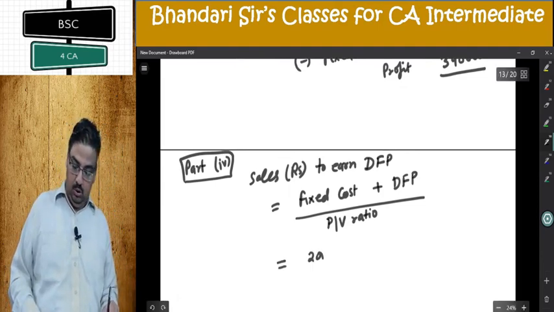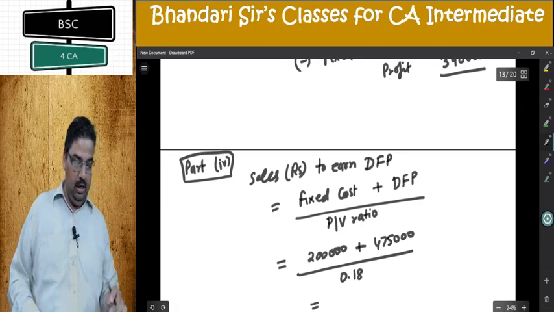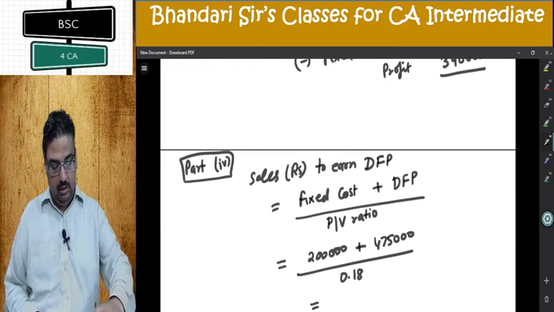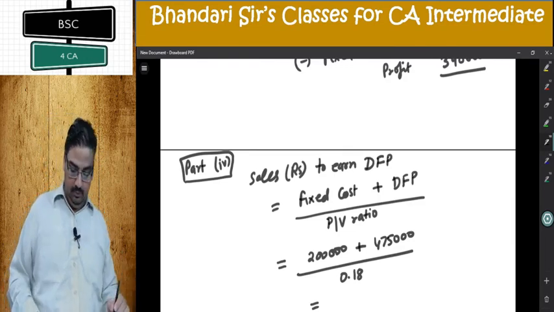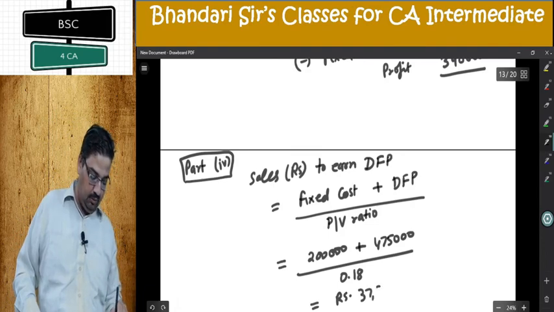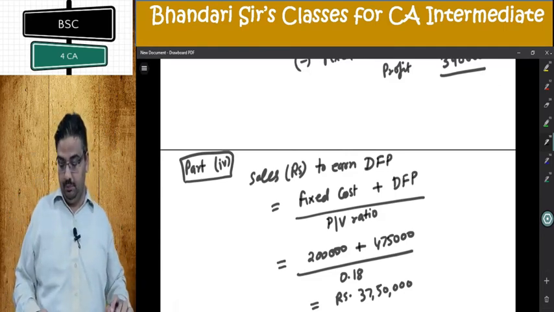Fixed cost 2 lakh plus 4,75,000 divide by 0.18 or 18%. So 6,75,000 divide by 0.18. You're getting rupees 37,50,000. That is part 4.